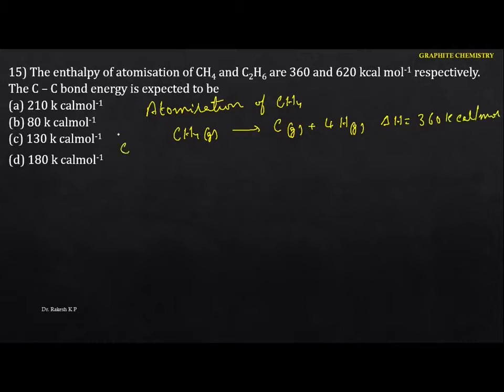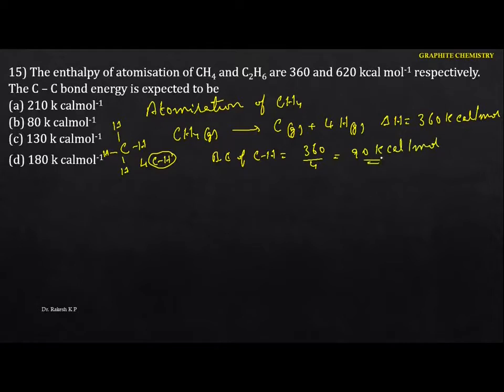If we're talking about methane, how many CH bonds can we identify? This is 4. Now we have to identify the bond energy of CH, which is equal to 360 divided by 4, because we can identify 4 CH bonds. Hence the value becomes 90 kilocalorie per mole.